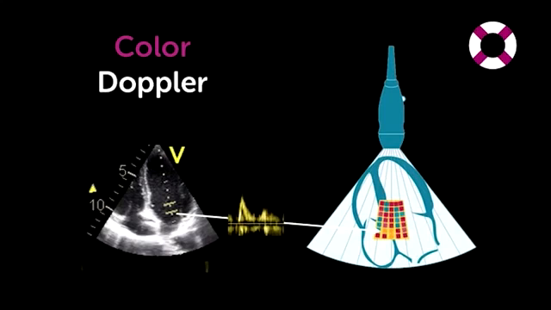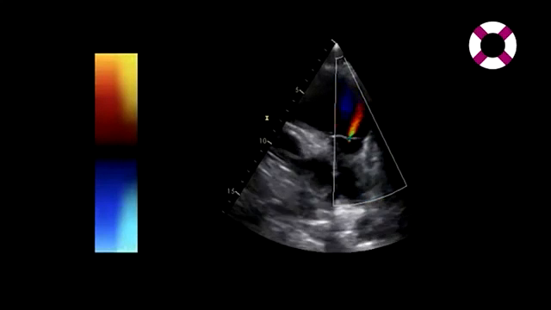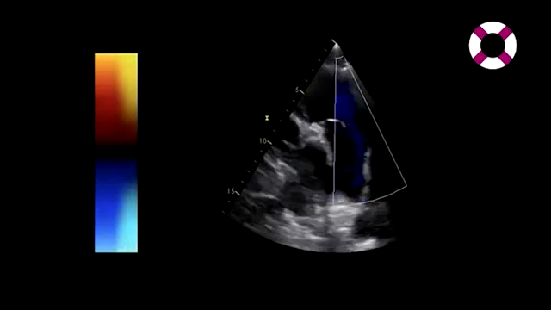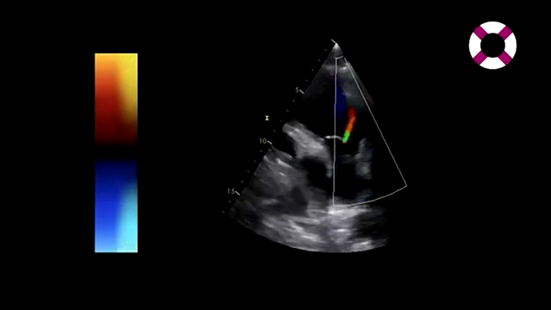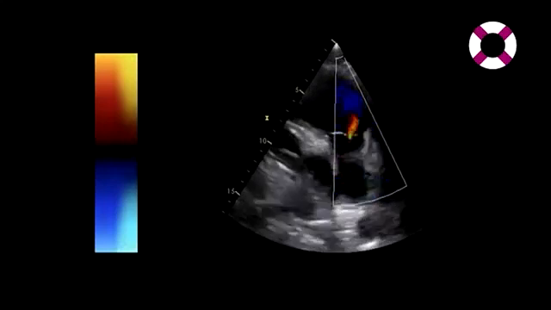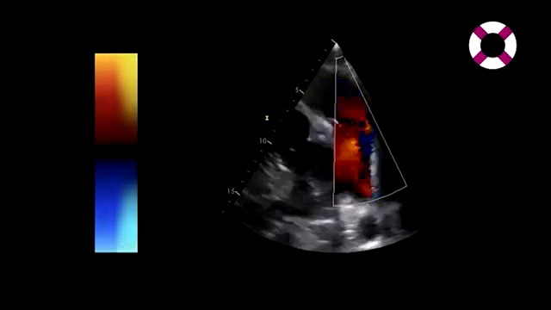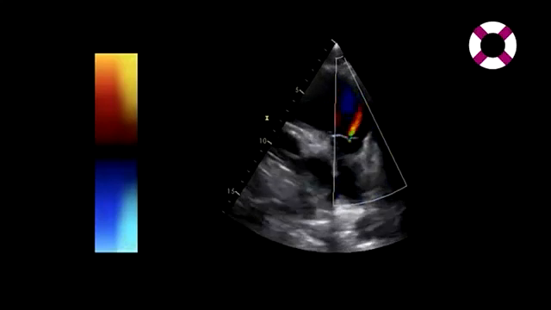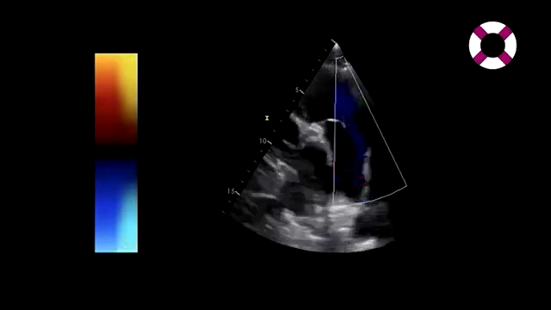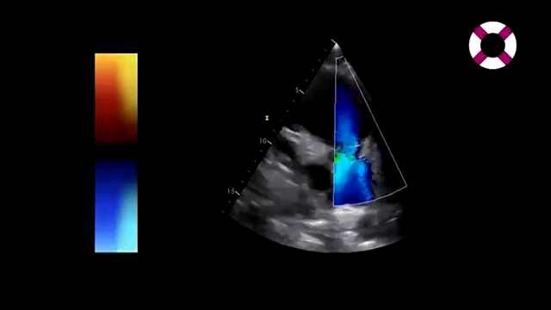To quantify regurgitation, we need color Doppler, and for the first time I explained what color Doppler is. Red means flow towards the transducer, and blue away from the transducer. The higher the velocity gets, the lighter the colors get, and if velocity exceeds a certain level, we have a mixture of different colors, and depending on which color map you're using, maybe other colors as well, such as yellow.